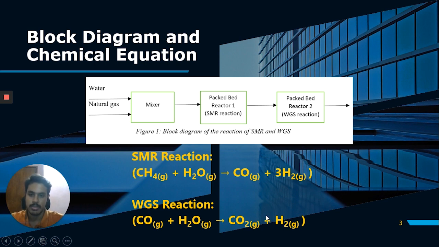Now, the main purpose of this water gas shift is because carbon monoxide is a very harmful gas, so it cannot be emitted directly to the environment. So we have this water gas shift mainly to convert the carbon monoxide to carbon dioxide. And additionally, it will produce additional hydrogen gas, which is a plus point.